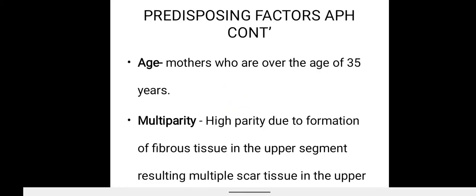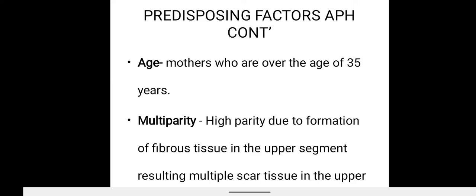Let's look at the predisposing factors: age and multiparity. Mothers who are over the age of 35 are predisposed to placenta previa. Multiparity is due to formation of fibrous tissue in the upper segment, resulting in multiple scar tissue in the upper segment.